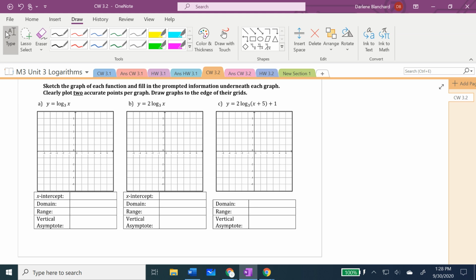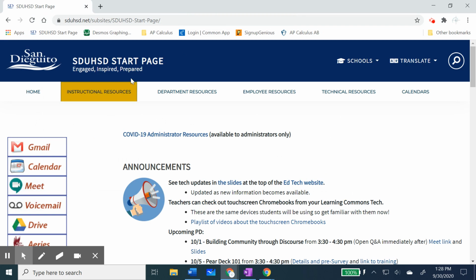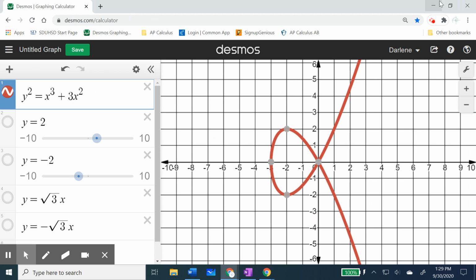Oh my gosh, I'm sorry. Okay, I need to take a moment to show you what annoys me. Right here, prepared. If they were prepared, you would have Chromebooks with a stylus before school started. Oh, you're right. Okay.